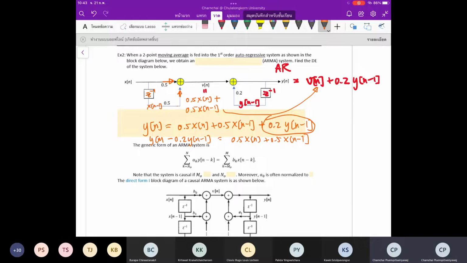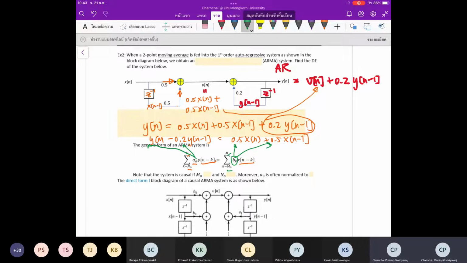To generalize this, we can have a_k, which are the constant terms, times y[n-k], with k starting from N naught to capital N, equal to the summation of b_k. The b_k are like the 0.5, 0.5 here. The a_k are like 1 and negative 0.2 here. And you can start from M naught to M.